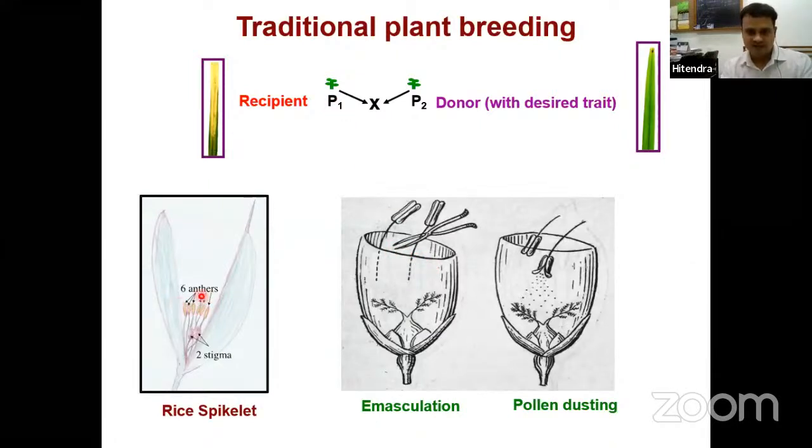We remove all these anthers, so it will have only stigma, and then from the donor plant that has the desired trait, we bring the pollen dust. We do pollen dusting. We bring the stamen and do dusting here. In that way it gets fertilized, and we get a hybrid plant.